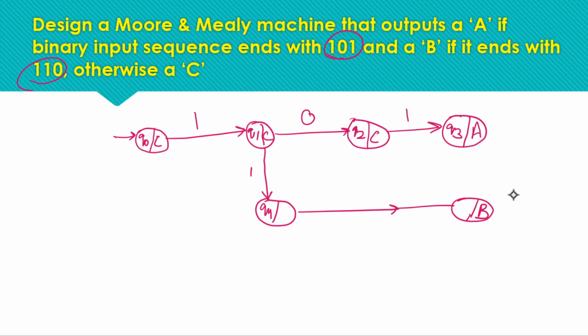So here the state name is Q5, otherwise we have to output c. So for all other states we have the output c, and for the last states only, depending on the ending pattern, if the string ends with 101 we output a, and b if the string ends with 110. Okay, so our base is ready.